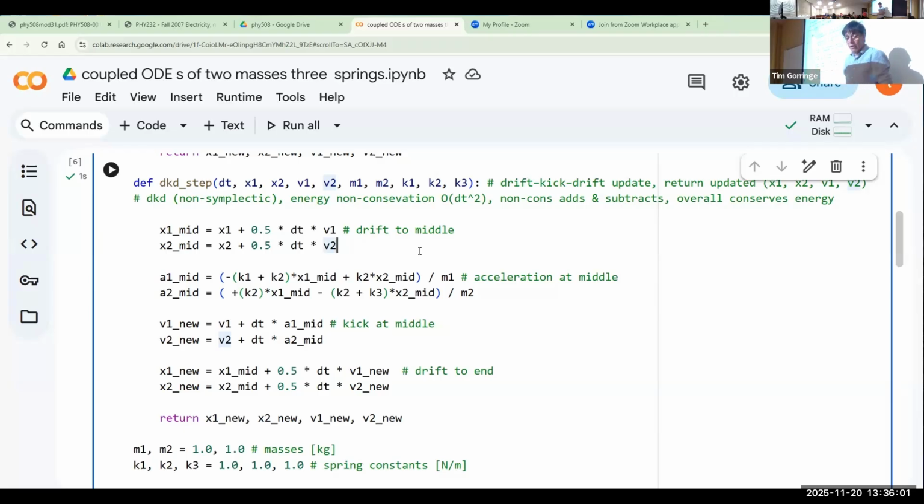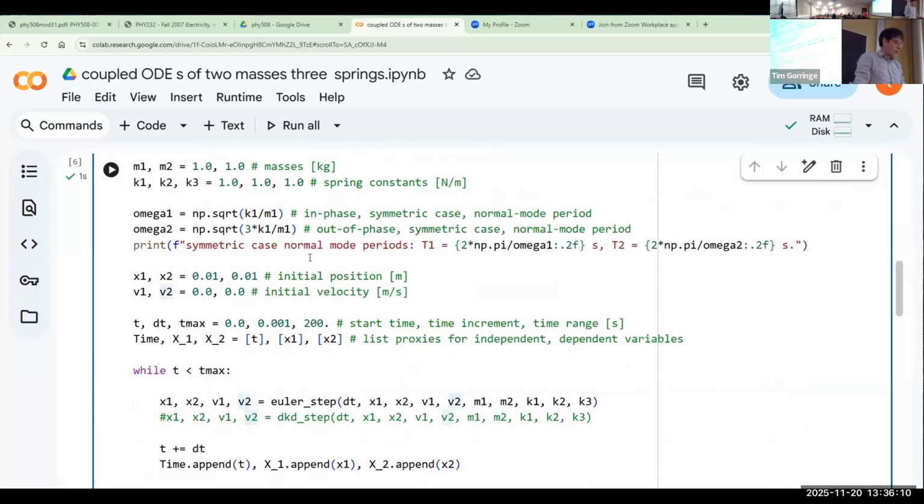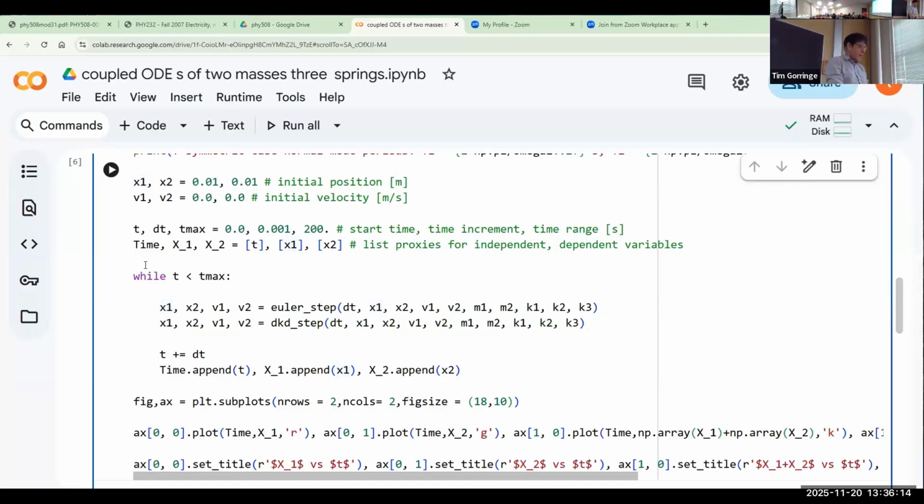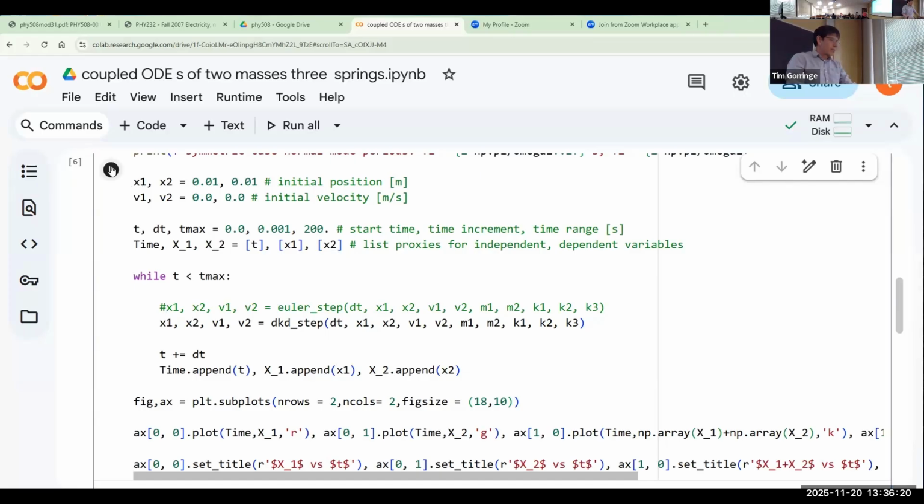And so we're going to use this, and this should help us. So to implement that, I'm just going to comment this in, comment that out, and then rerun.